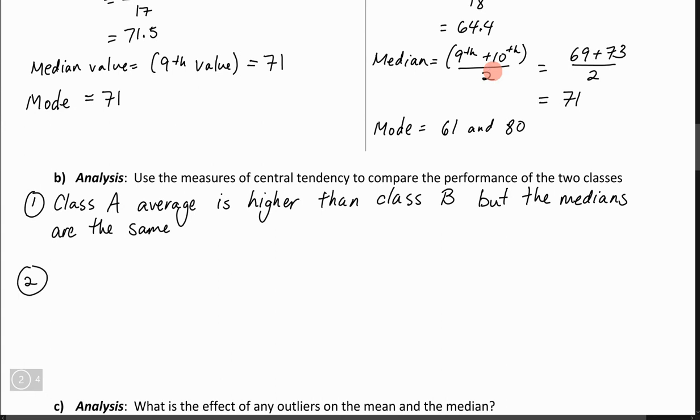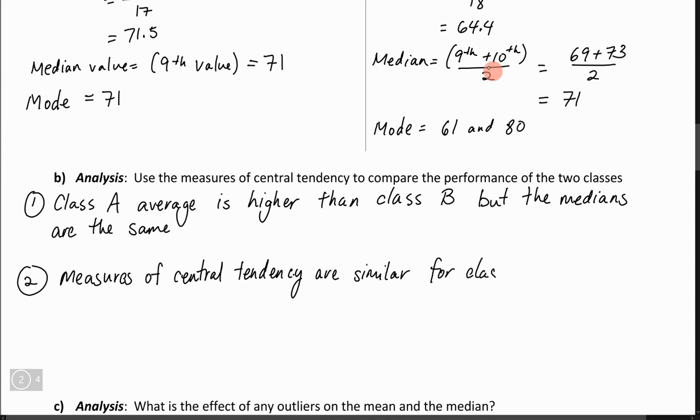And my second point is going to be the measures of central tendency are similar for class A. So they're all close to each other.